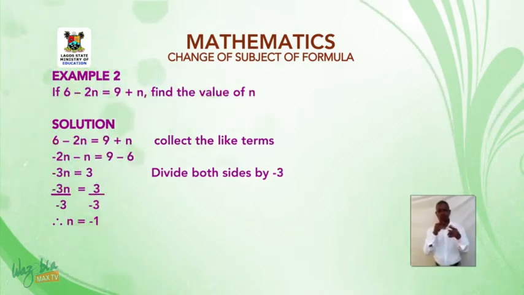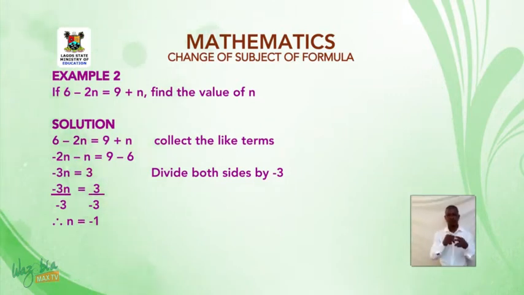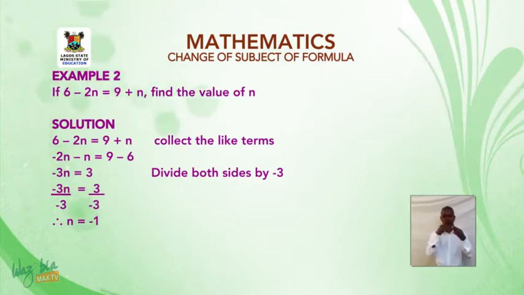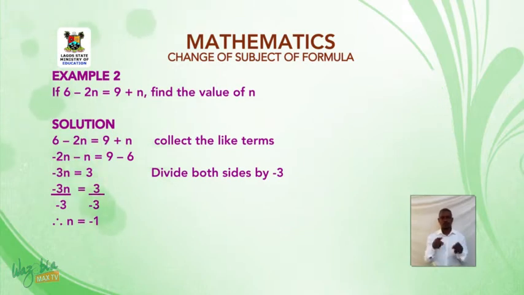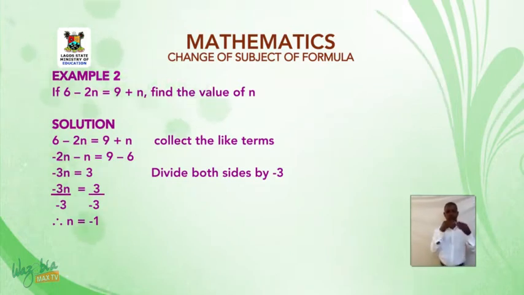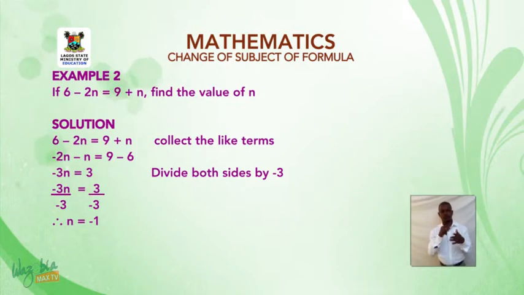Example 2. If 6 minus 2n is equal to 9 plus n, find the value of n. Solution. 6 minus 2n is equal to 9 plus n. Collect the like terms. Minus 2n minus n is equal to 9 minus 6.